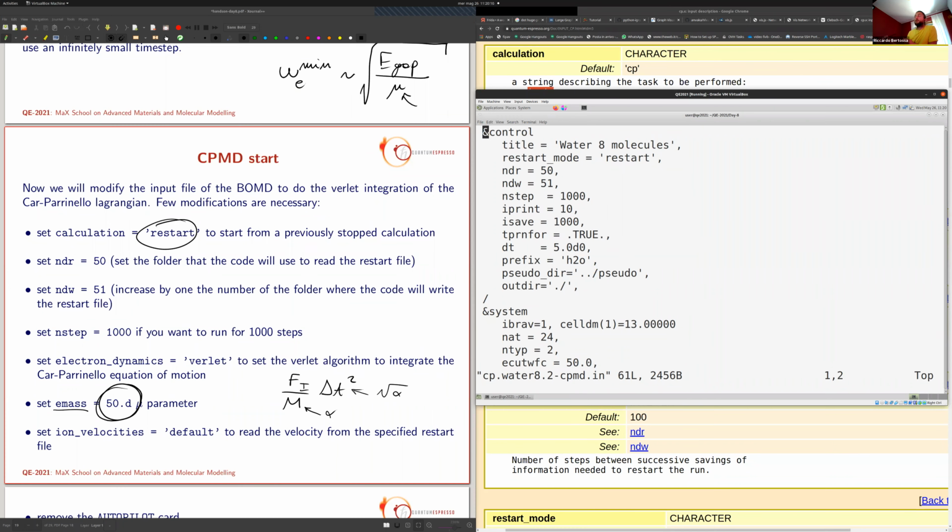That means we want to read the ground state and the electronic velocities from the restart files that we calculated before with the previous run, and with the velocities calculated with the projector trick, let's say. We have to tell the code nrestart directory read.